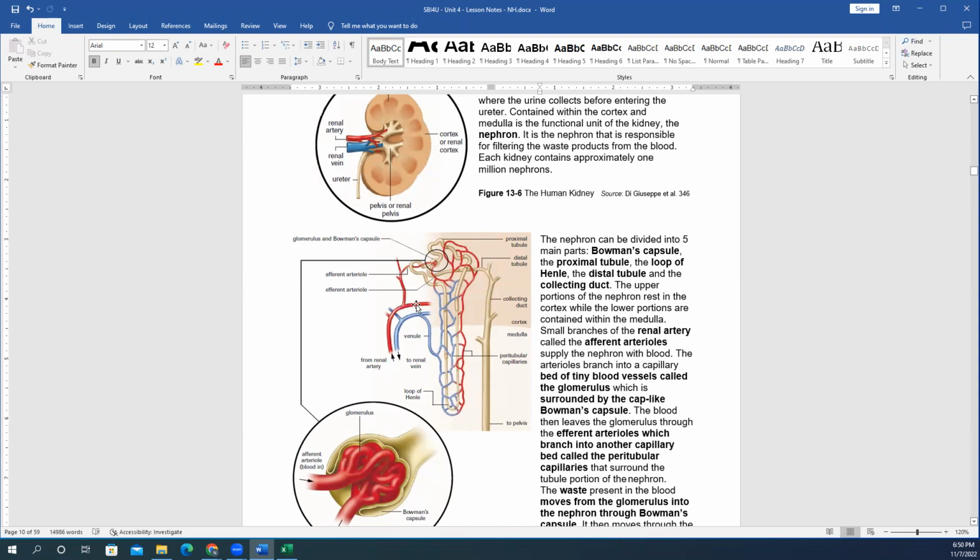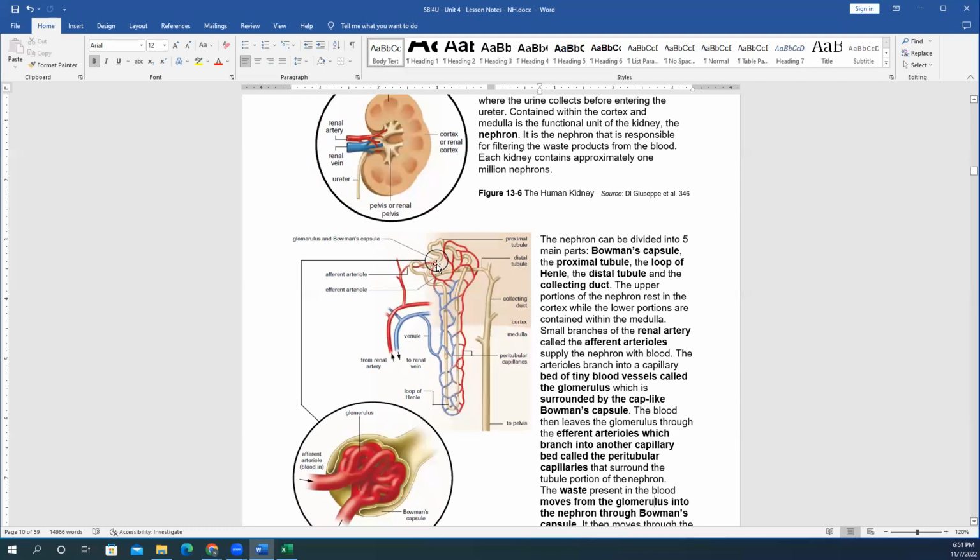So these afferent arterioles supply the nephron with blood, and they branch into this capillary bed of very tiny blood vessels that first of all go in here where that glomerulus is, that tangled up network of tiny vessels. So the afferent arteriole first feeds into the glomerulus.